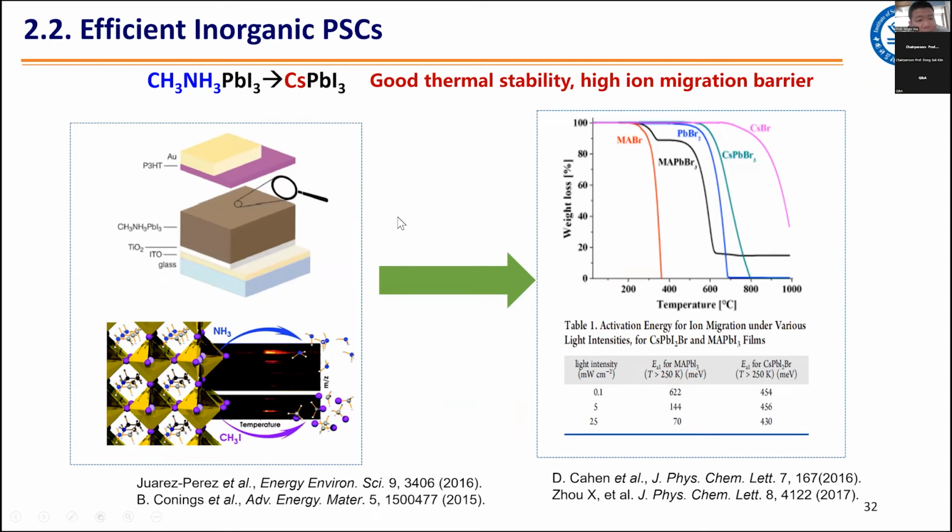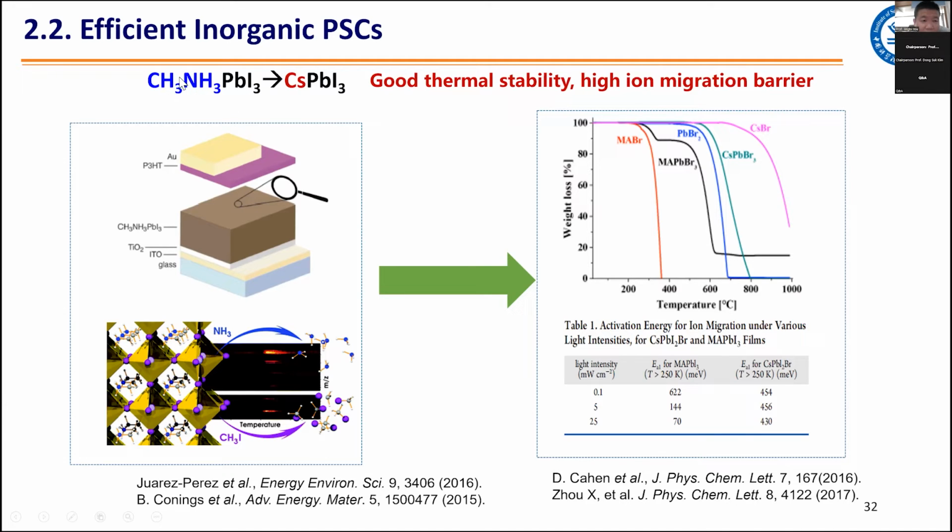And the second one is efficient inorganic perovskite solar cells. For hybrid perovskites, there's some problem with materials such as MAPbI3.